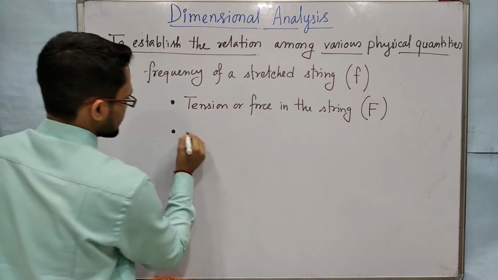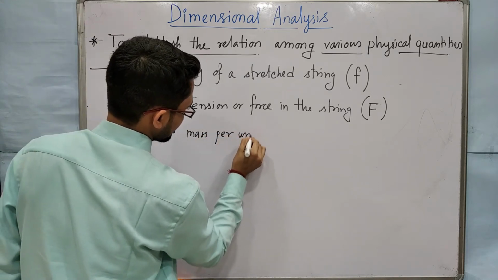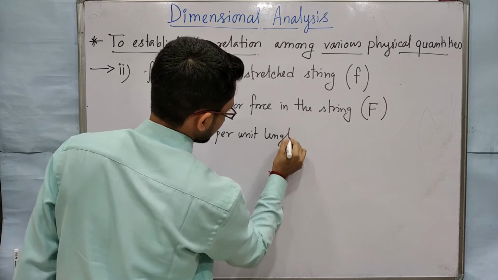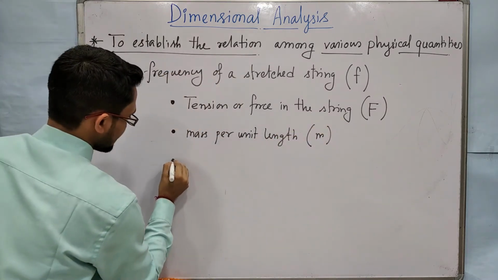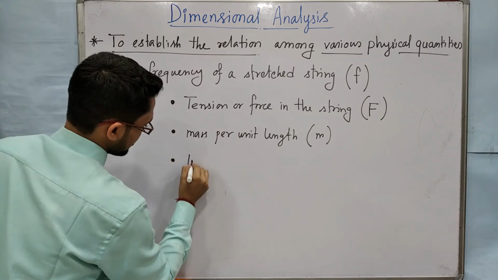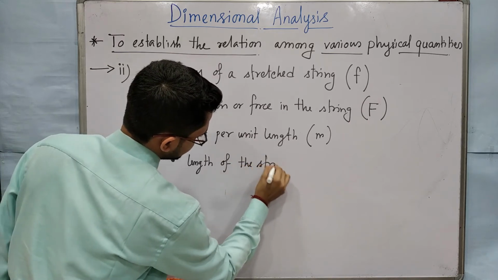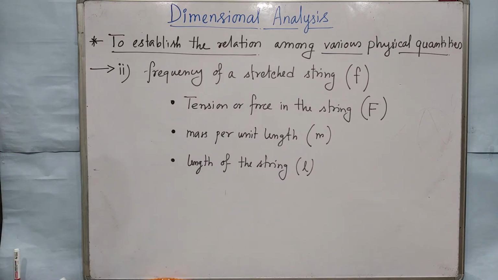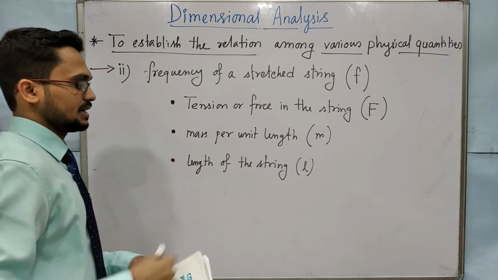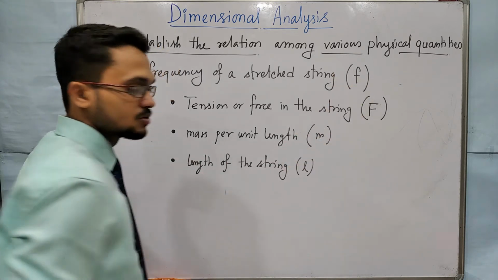Next, mass per unit length, which I am taking as small m. And third, the length of the string, that is L. So the frequency of a straight string depends on these three factors. Now we have to find the relation among these four quantities.